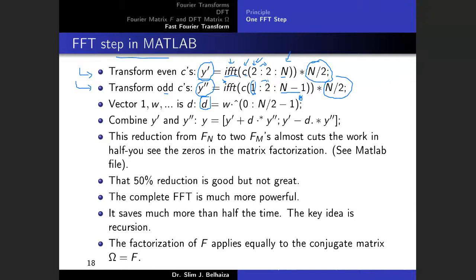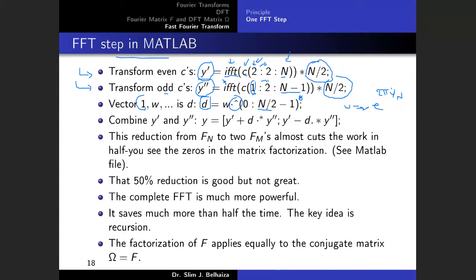So what is this? You are distributing W, which, as we said, is e to the power 2 pi i over n, on the entries of D, going from a power of 0, so W to the power 0 is going to give you 1, to the power of n over 2 minus 1.